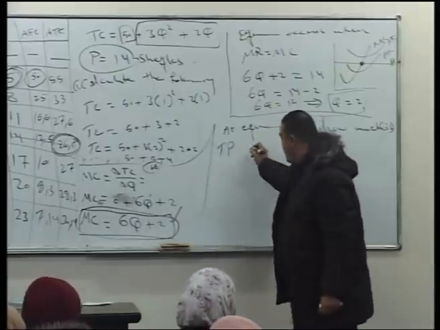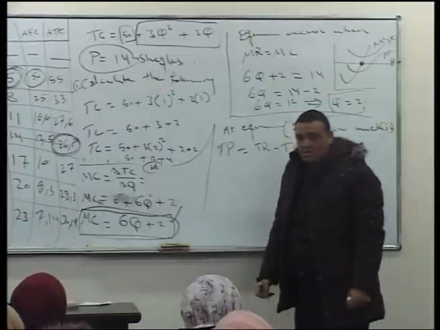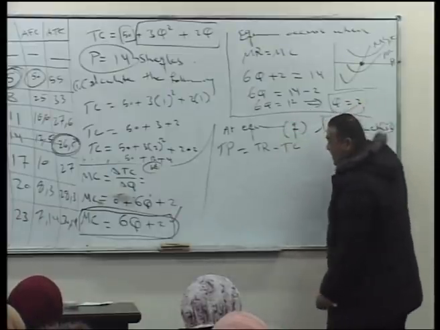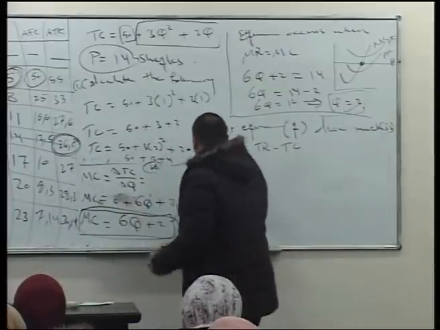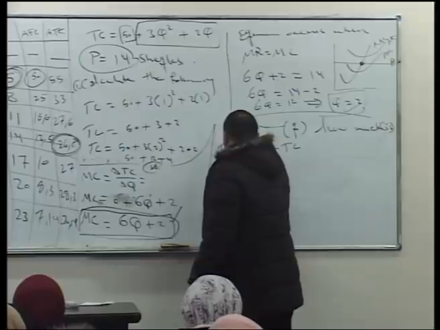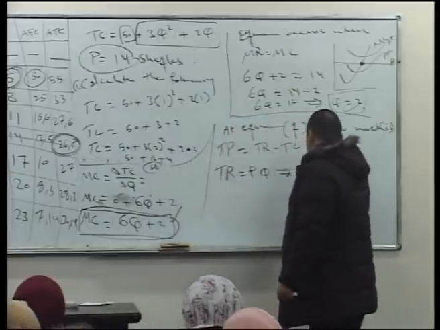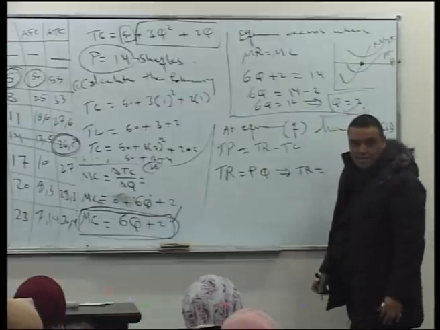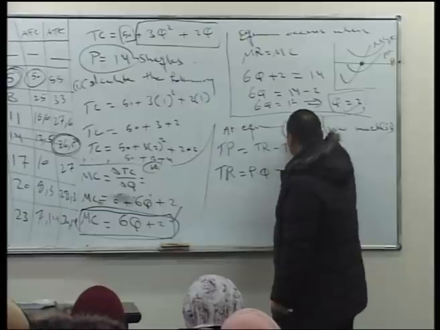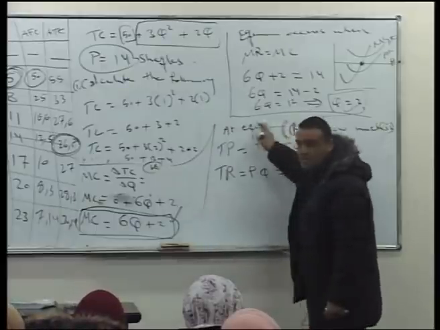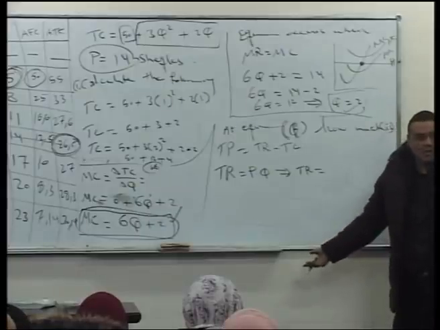Total profits equals total revenue minus total cost. So at Q equals 2, how much is total revenue, total cost, total profits? Total revenue equals price times quantity. At equilibrium quantity Q, how much is the total profits?